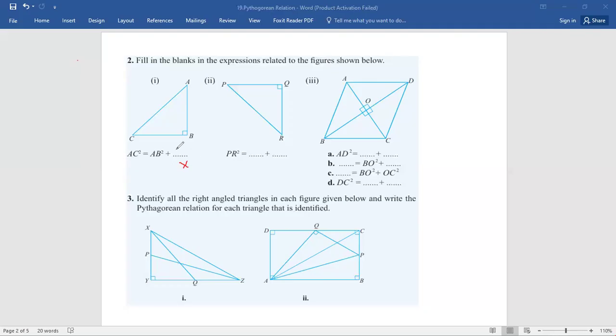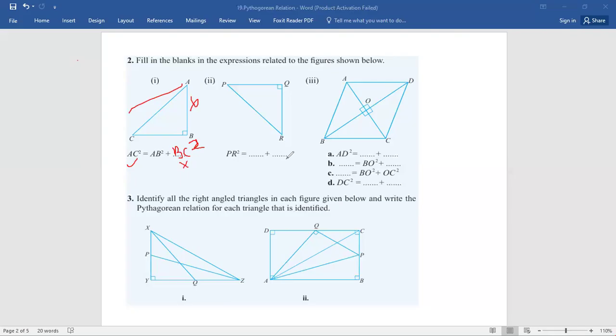So what is the answer here? The CB to the power of 2, not to the square. Yes. AC squared, AB squared, CB, BC squared, right? And here, QR.